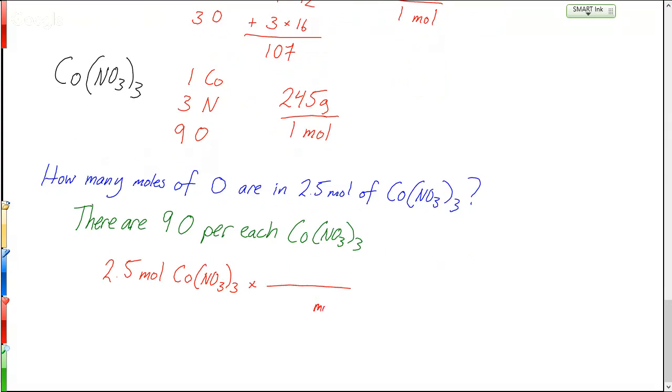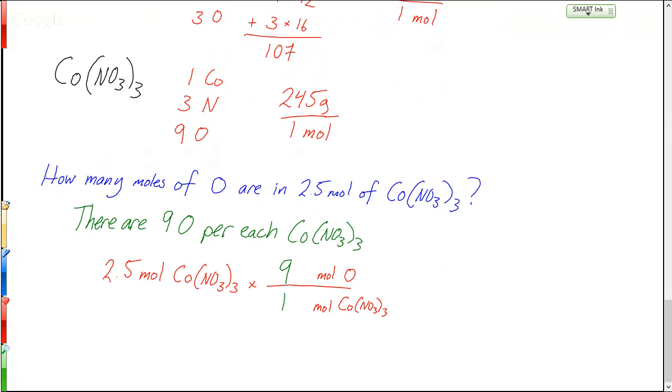And then we want a ratio that cancels moles of cobalt 3 nitrate and instead gets us moles of just oxygen. So looking at the formula, there's 9 oxygens in each cobalt 3 nitrate. So that means that there's 9 moles of oxygen per each mole of cobalt 3 nitrate.